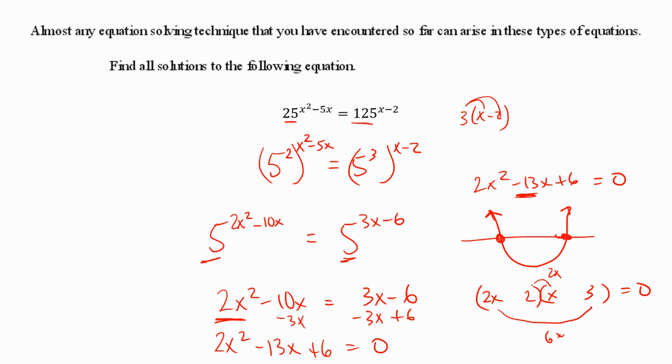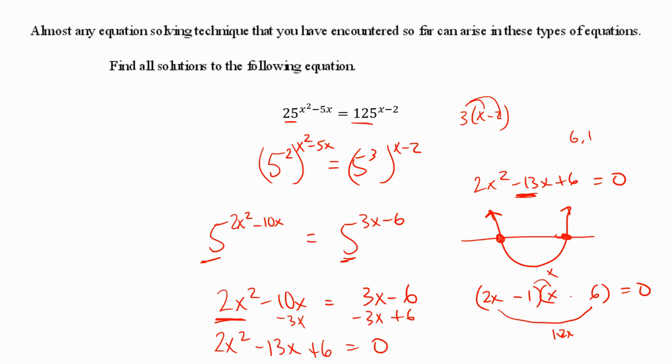Maybe we have 6 and 1 also. That could be a choice. So this guess and check method can sometimes take a while if you don't guess right or if you don't have the right intuition. So now with 2x, I'm going to try 6 and 1. I get 12x and 1x. So together that would make 13, positive 13.